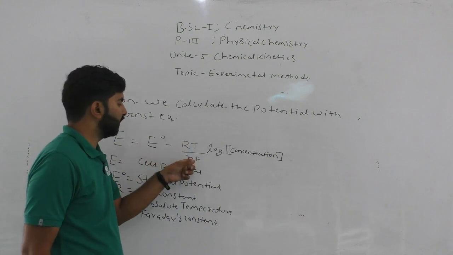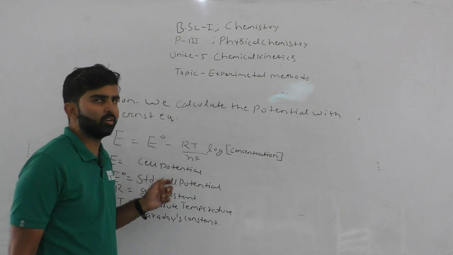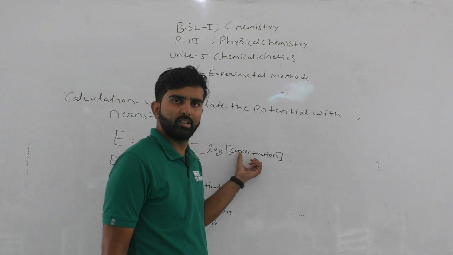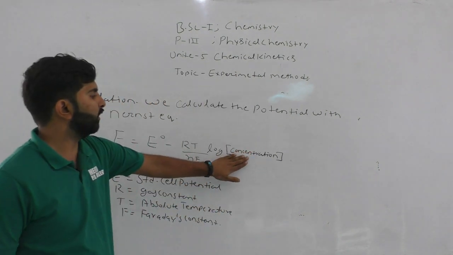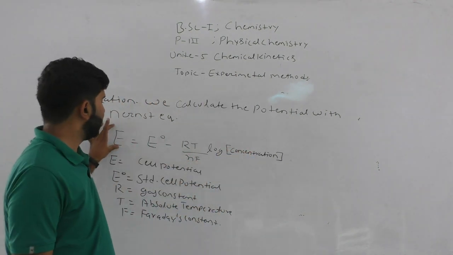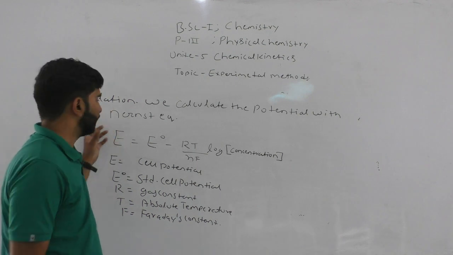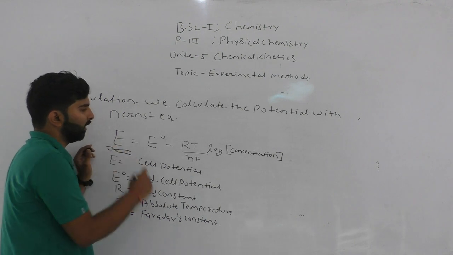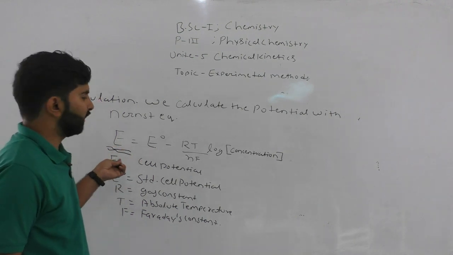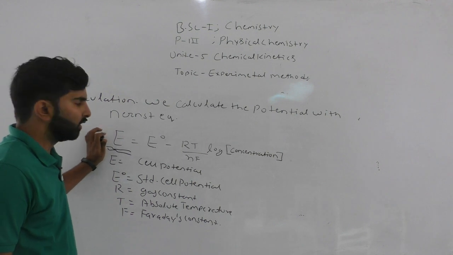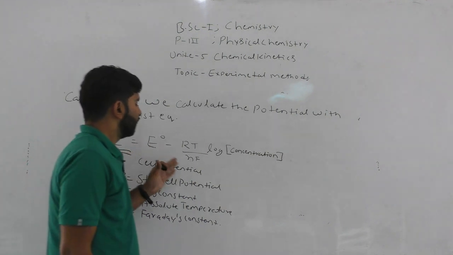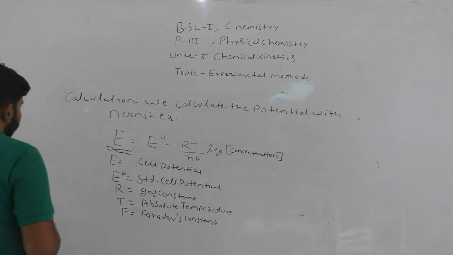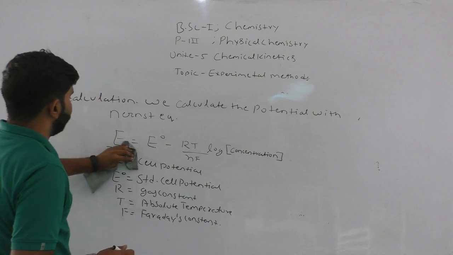For a general reaction, the value of E naught also remains constant. Only the change of concentration of ions takes place. So, by the study of change in concentration, we can measure the electrode potential of the cell at regular time intervals with the help of this formula. Then we plot a graph between potential and time, which gives us knowledge about the reaction kinetics. So, this is the calculation part.